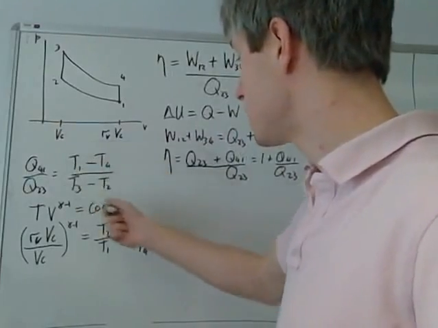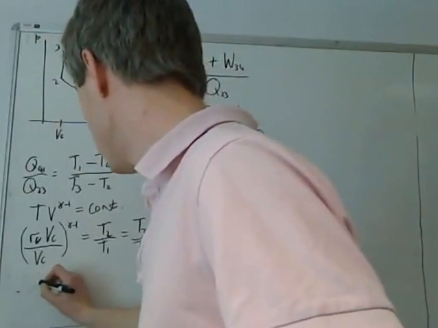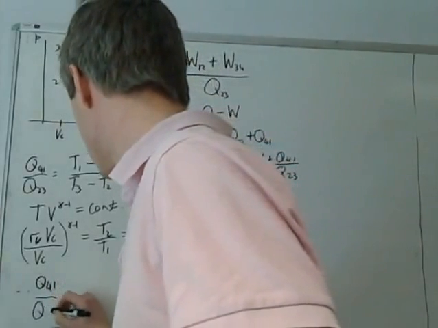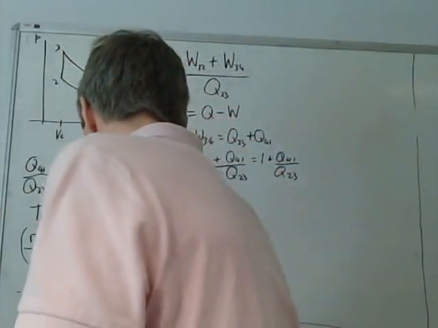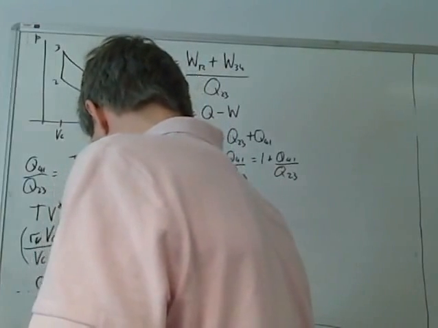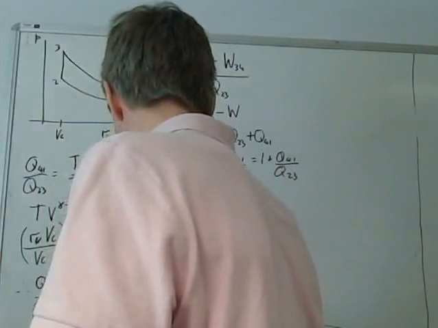Therefore, we can rearrange this, do some algebra on that, and say that therefore Q41 over Q23 is equal to T4 over T3 times T1 over T4 minus 1.